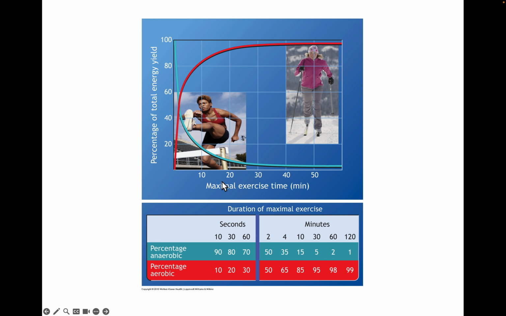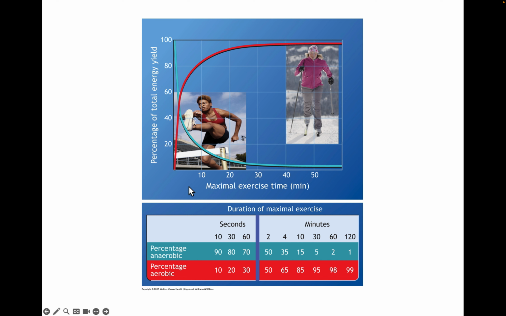But as that exercise bout continues, we run out of our anaerobic energy system sources, so they provide minimal ATP for exercise the longer the exercise bout goes.